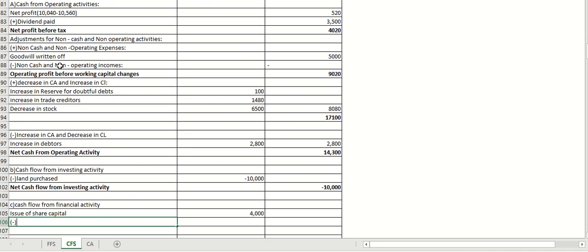So minus debentures redeemed, the amount is 6,000, and you'll again minus the dividend paid because it is again outflow of cash.